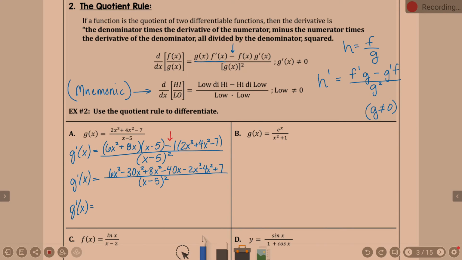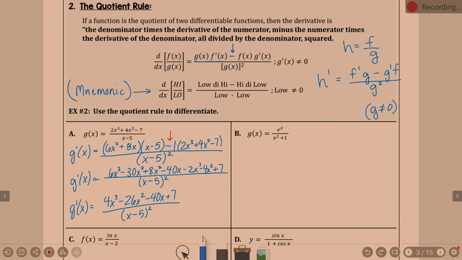Okay, clean up. I see 4x cubed minus 26x squared minus 40x plus 7 over x minus 5 squared, barring I didn't make any mistakes.